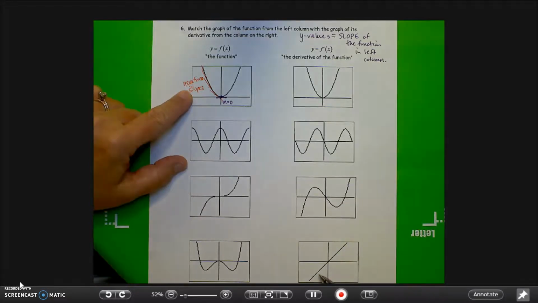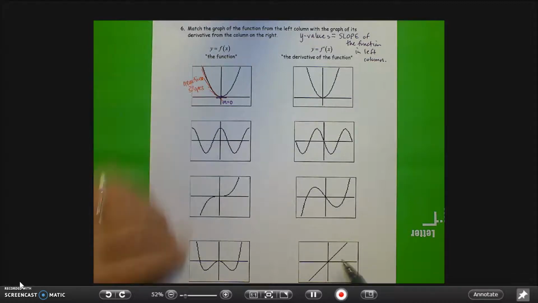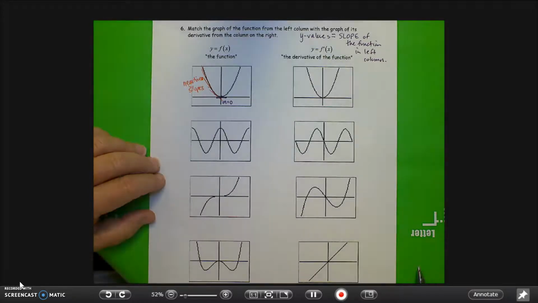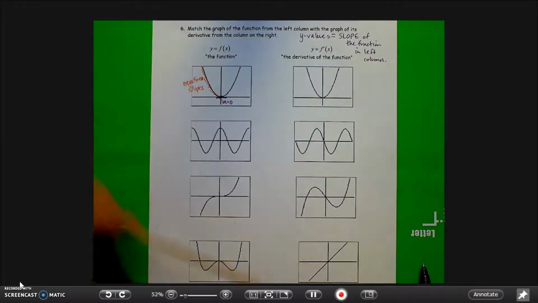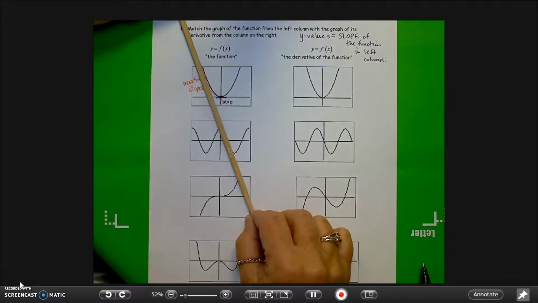But look at this one. All these slope values up here, slopes of the tangent lines, are negative. So that corresponds to this graph right here. And further, if you take a look at this, I'm just going to use this to indicate the tangent line to that graph. That's a pretty negative slope there, pretty steep negative.